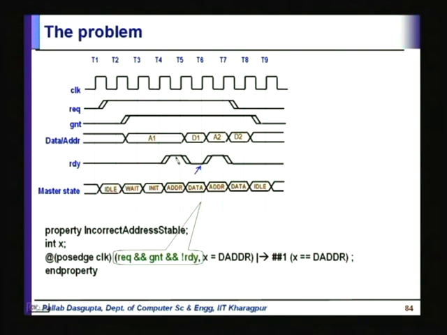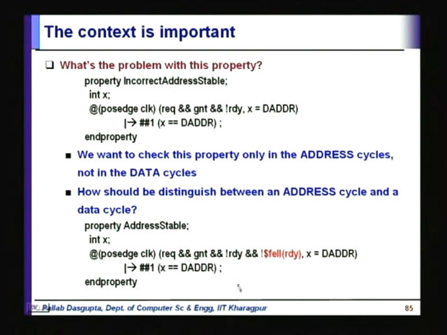Why? Because ready was high in the previous cycle, ready is low here. So $fell ready holds here, right. Now if $fell ready holds here, then we argue this is a data cycle, this is not the address cycle, right. So our property is revised to say that request and grant and not ready and not $fell ready, then if x is the address, then that address must be there in the next cycle also.